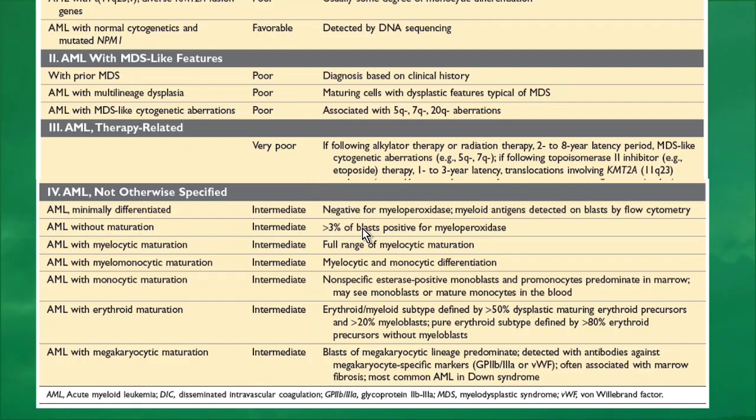A few important things which you have to look at: AML minimally differentiated may be MPO negative. Then blasts of megakaryocyte lineage can occur in megakaryocytic AML.